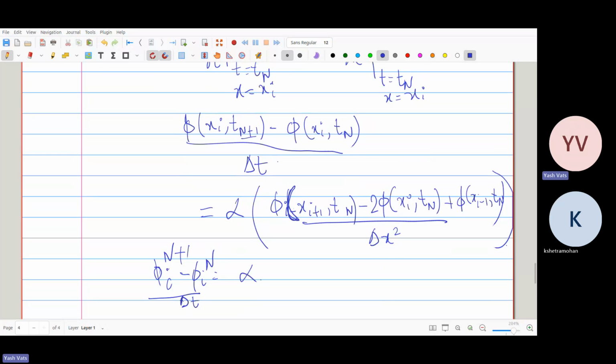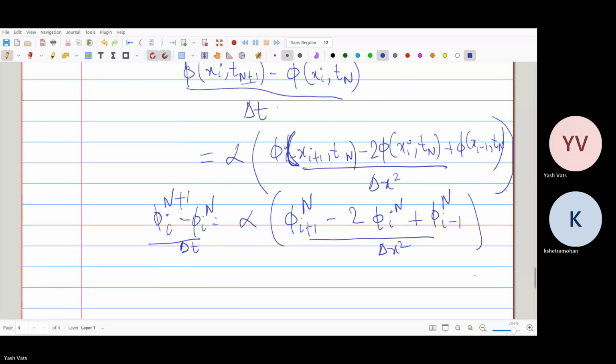And that is the same as alpha times phi_(i+1)^n minus 2 phi_i^n plus phi_(i-1)^n, divided by delta x square. That's just a shorter notation to write. All right.